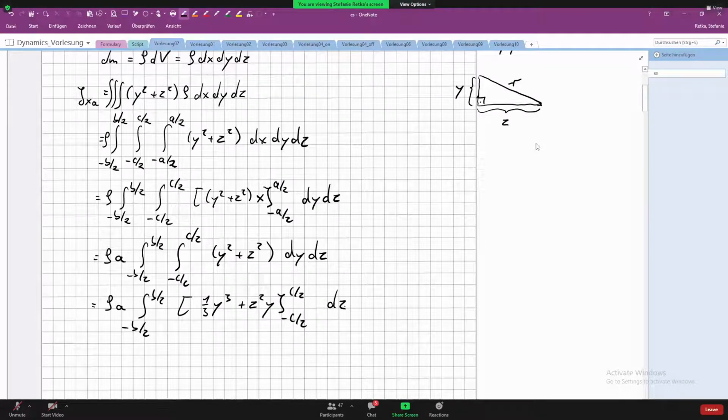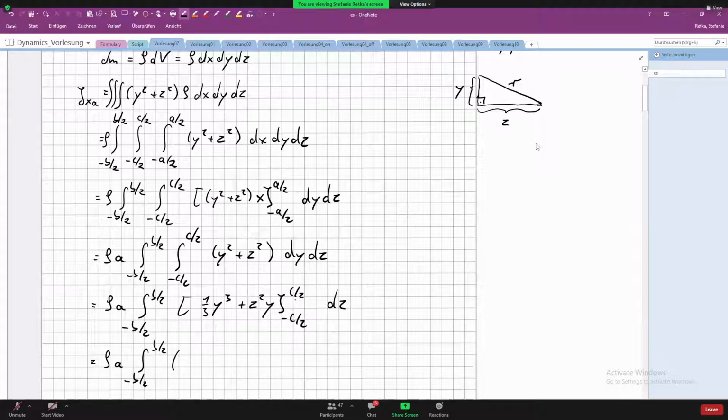Now, if we enter our boundaries, then we obtain rho times a, minus b over 2 to b over 2. So 1/3 times c half to the power of 3.